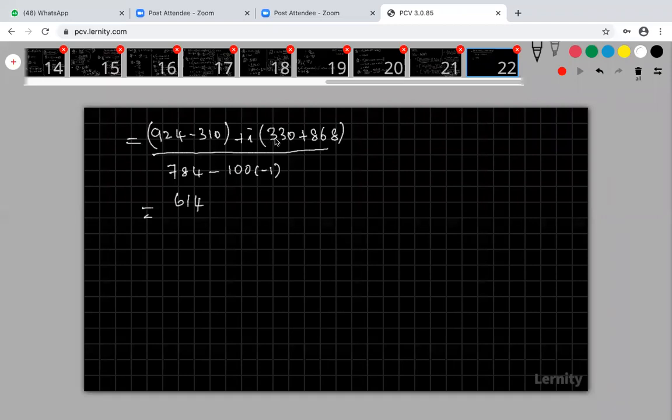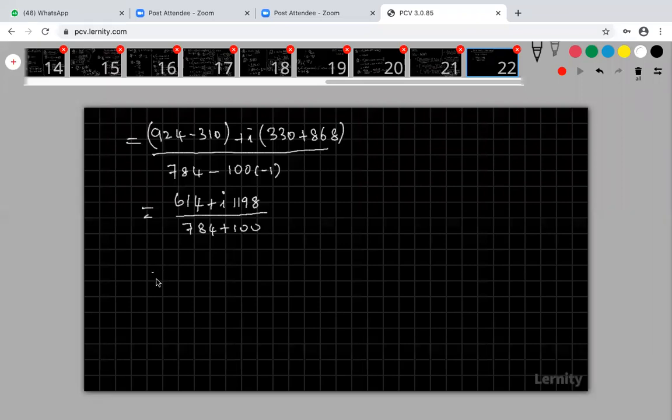And if you add these two, 330 and 868, therefore i into 1198, divided by 784 plus 100, because minus 1 into 100, okay?